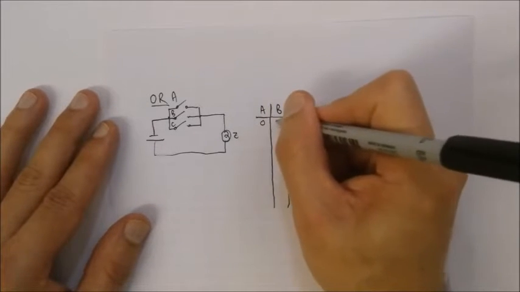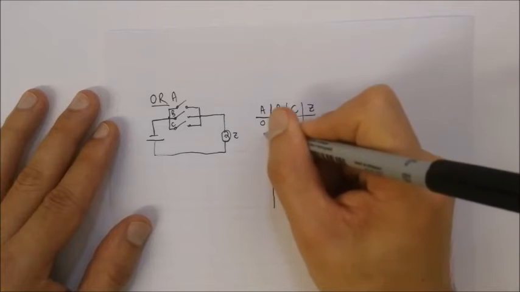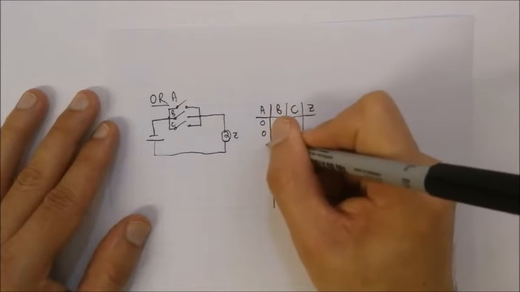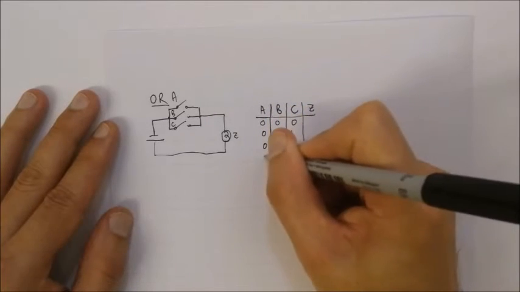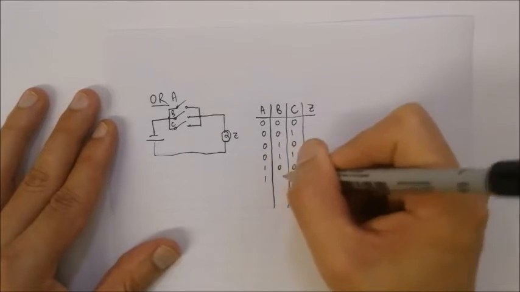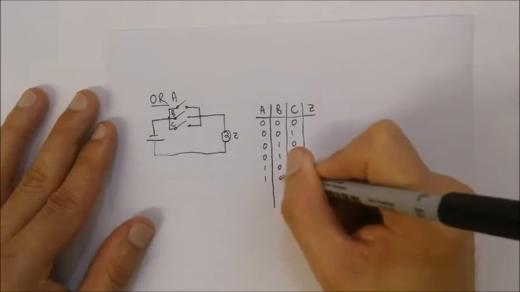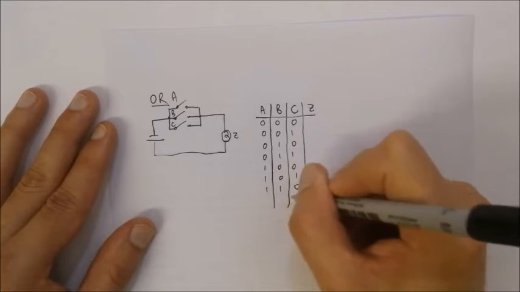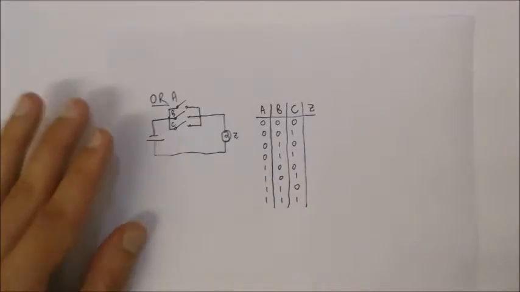That would be 0, 0, 0, 0, 0, 1, 0, 1, 0, 0, 1, 1, 1, 0, 0, 1, 0, 1, 1, 1, 0, 1, 1, 1.